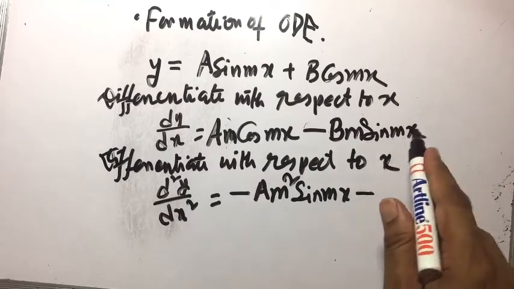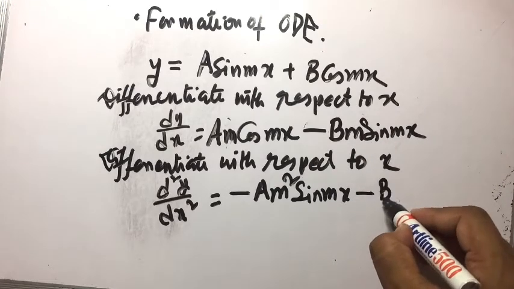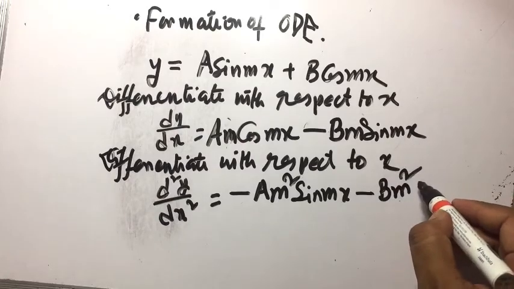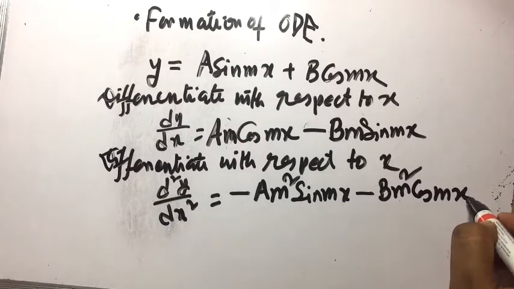And if you differentiate the minus b m sin mx term again, we get minus b m square cos mx.